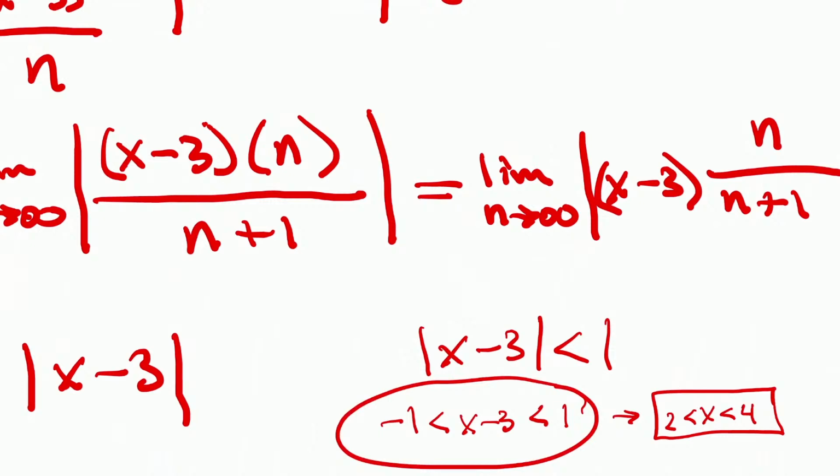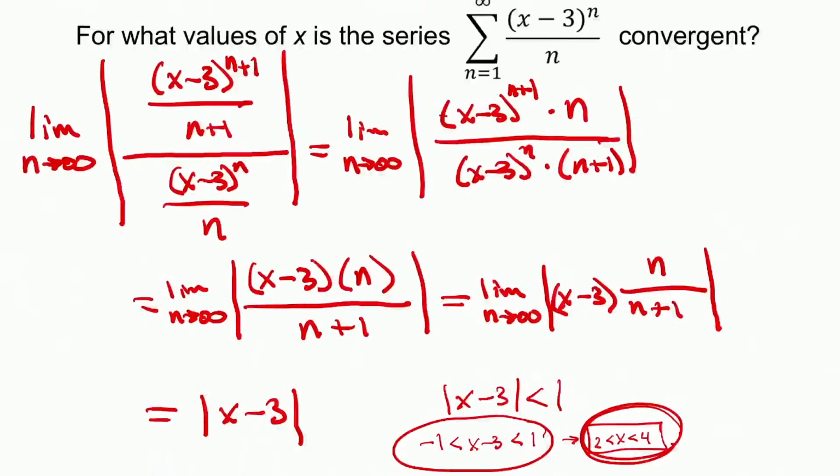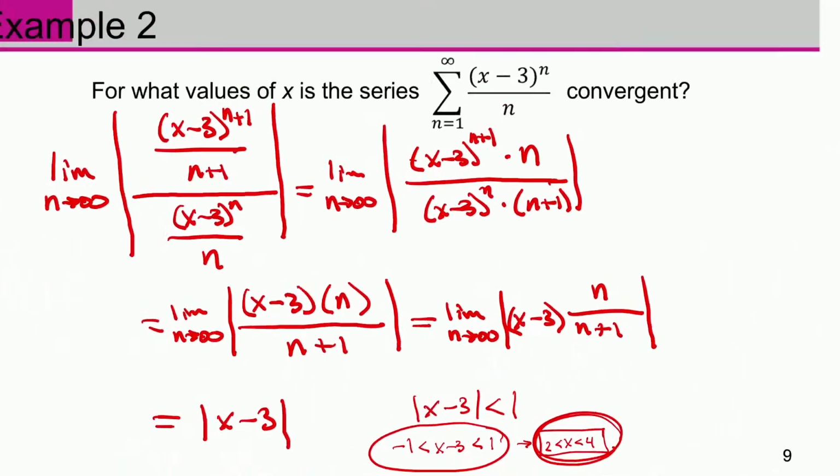And the 2 endpoints? That's the next thing that we have to deal with. So no, you're on the right track here, but I want to make sure that this part makes sense. We'll deal with the 1 and negative 1. Don't worry. Yeah, it is more complicated than at first it would seem. Like at first you think, oh, I just need to figure out what values of x will make this thing less than 1. So here we have this is less than 1. That's between 2 and 4.